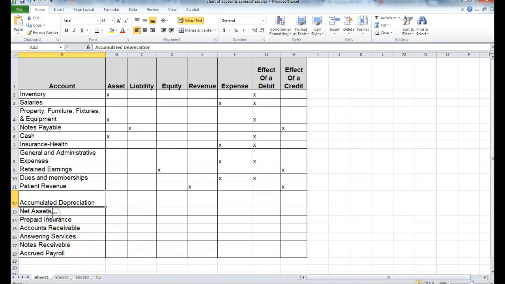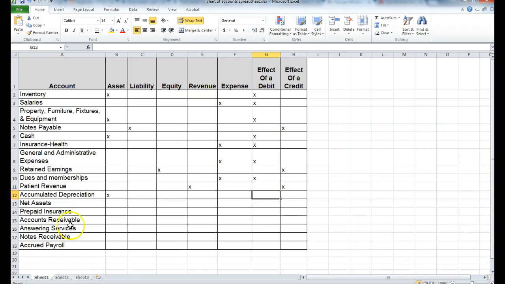Net assets is similar to the equity section, but that's for a non-profit entity. So this is our equity section of a non-profit entity. We'll talk about more of that in a few weeks. The effect of a debit would reduce net assets. The effect of a credit would increase it.